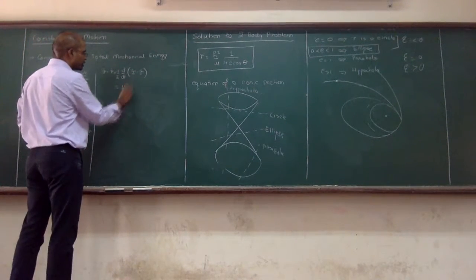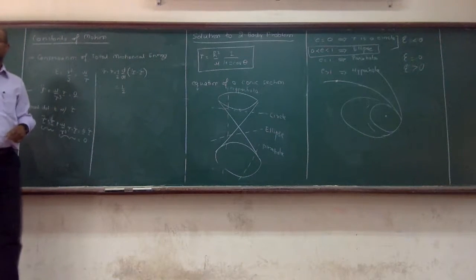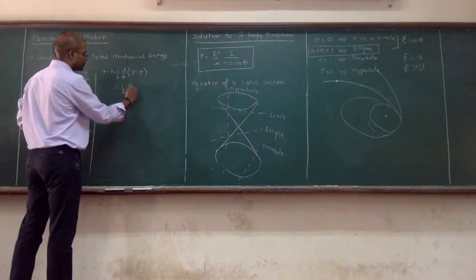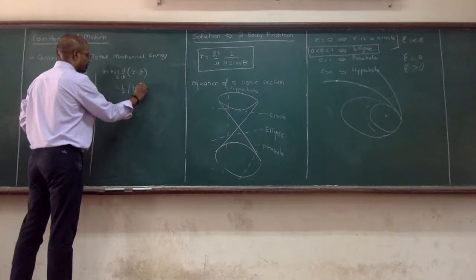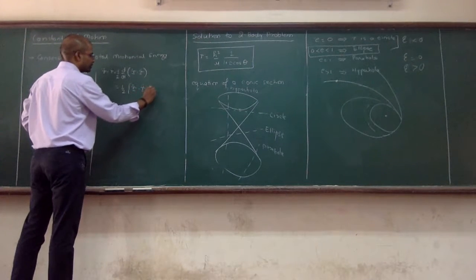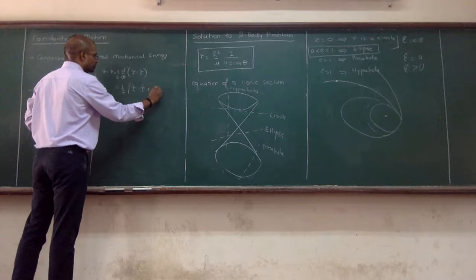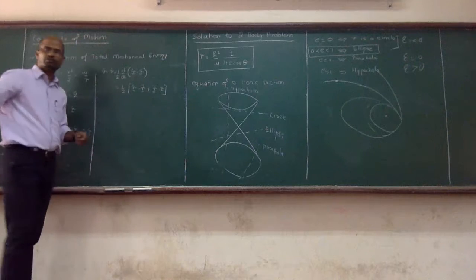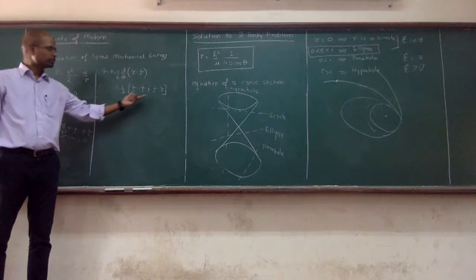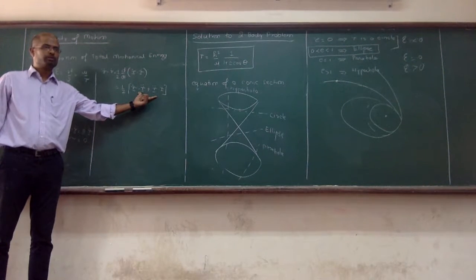You simply apply the product rule in the dot sense. You have r double dot dotted with r dot, plus r dot dotted with r double dot, and the dot product is commutative.